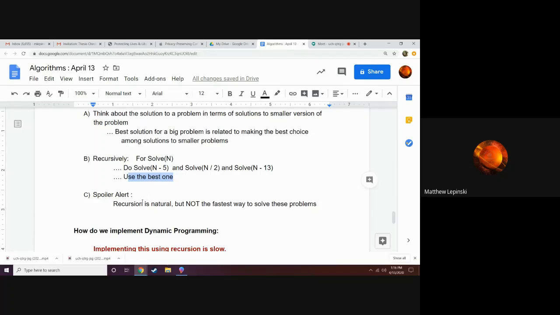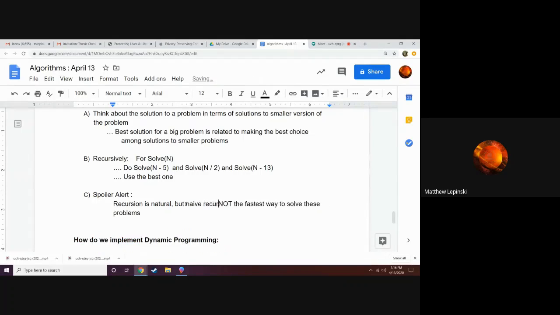The naive way of handling this, so recursion is natural, but naive recursion has a problem. If you do a naive recursive solution where to solve n, you solve n minus 5 and you solve n minus 13 and you solve n minus 2, then in that recursive call tree, where each function makes several recursive calls, you end up doing a huge amount of repeated work.